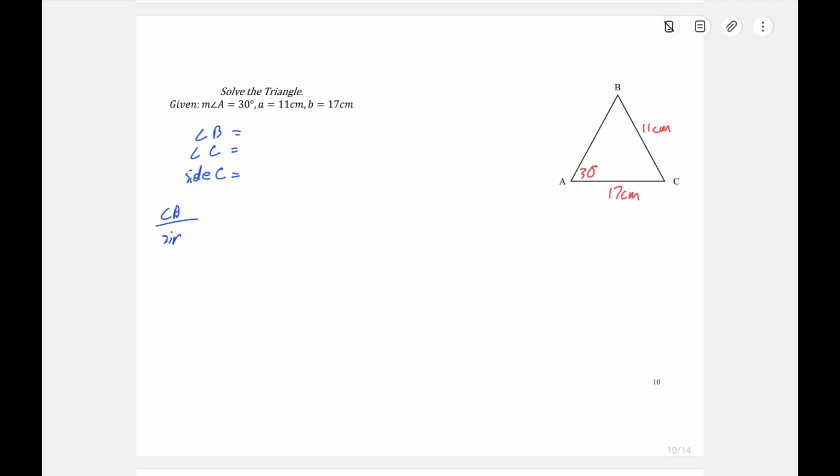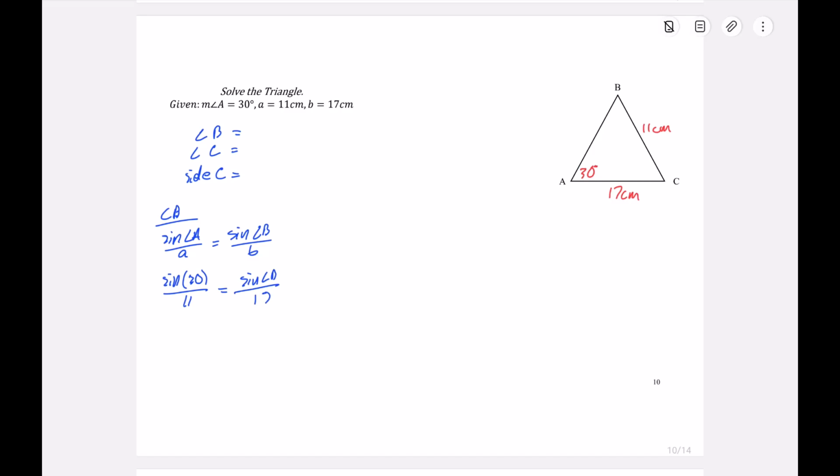So for angle B, we're going to use sine of angle A over A equaling sine of angle B over B. We know that angle A is 30 degrees. So we have sine of 30 degrees over A being 11, which is equal to sine of angle B, which we're looking for, over B being 17.